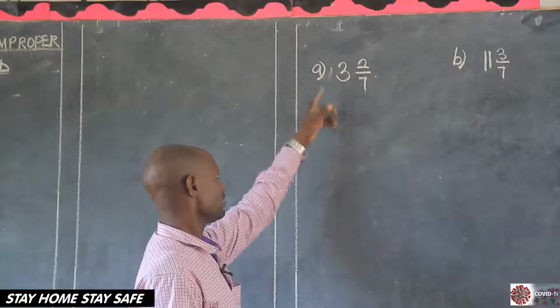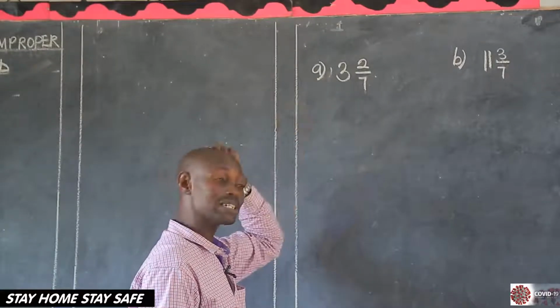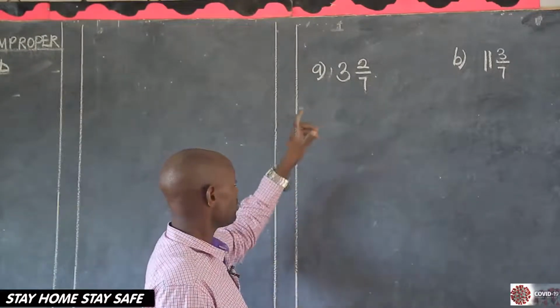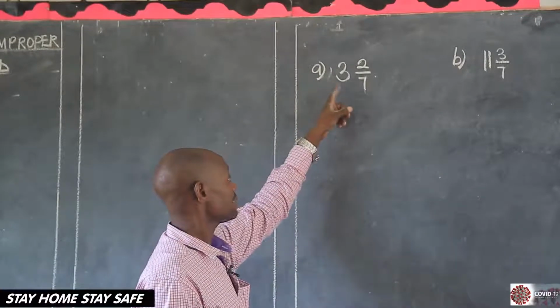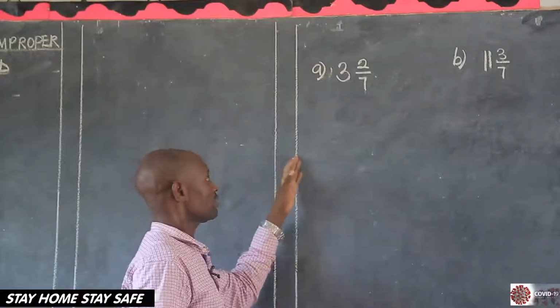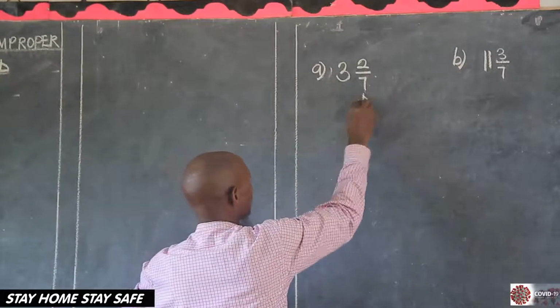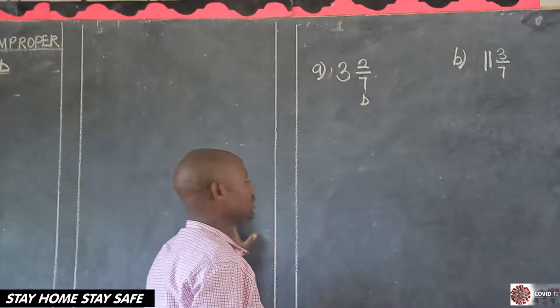I told you that if you have been given, for instance, a mixed fraction, and you have been told to express it as an improper fraction, first of all, you need to know that this number down is what we call the denominator.